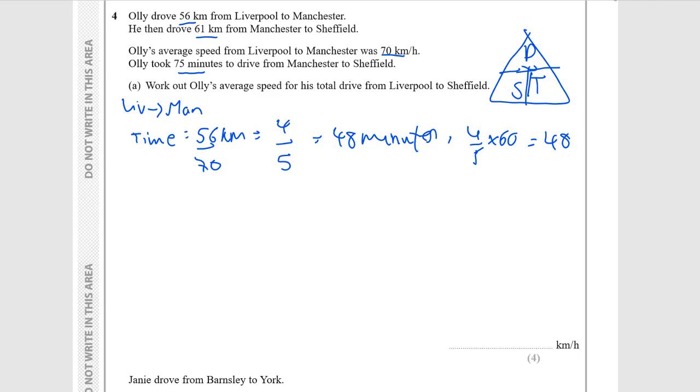Right, and then from Manchester to Sheffield, change color. So Manchester to Sheffield. It says it took him 75 minutes. So the total distance was 56 kilometers plus 61 kilometers.